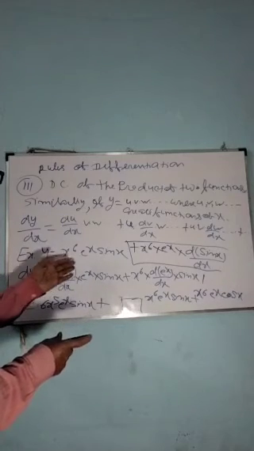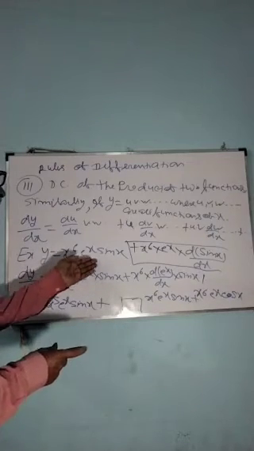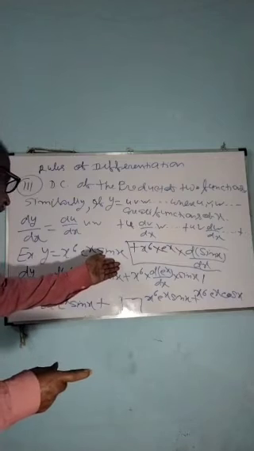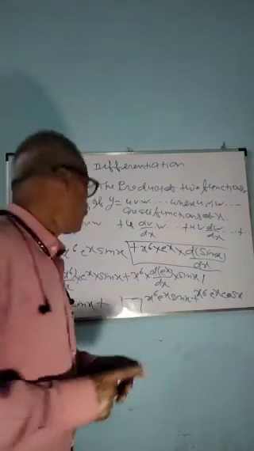In this way, you obtain the differential coefficient of the product of more than two functions. Here I have taken an example, the product of three functions, x to the power 6, ex and sin x.